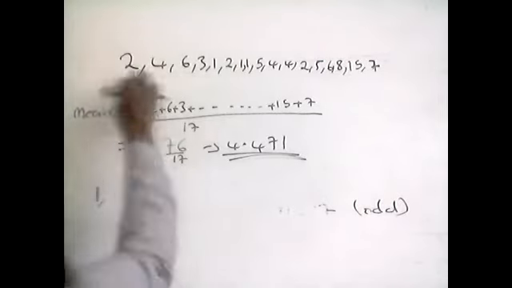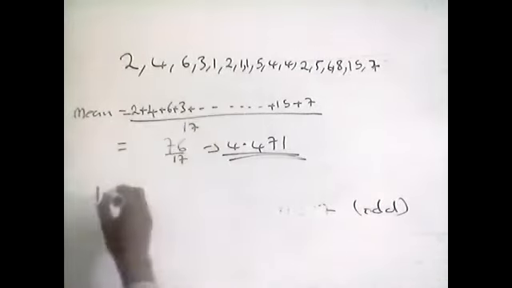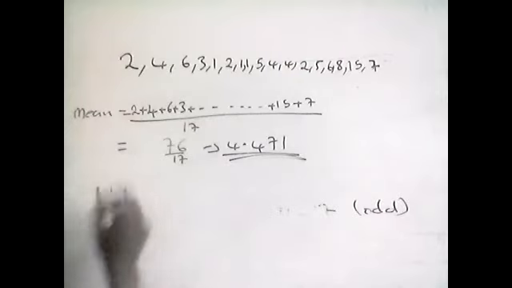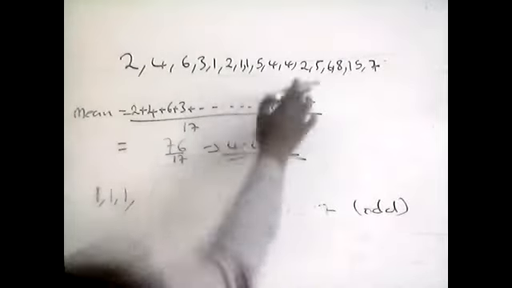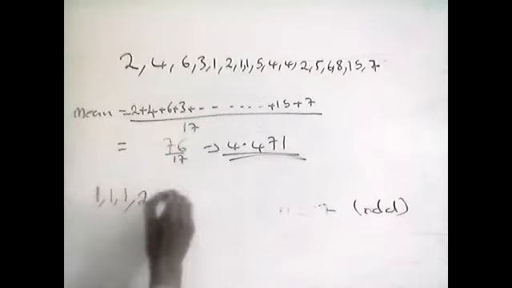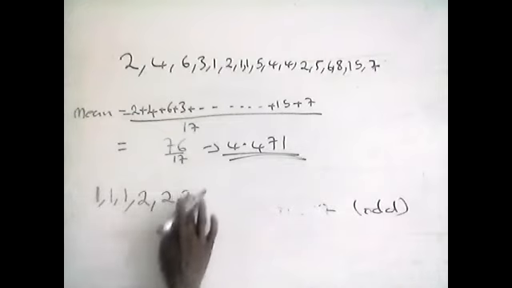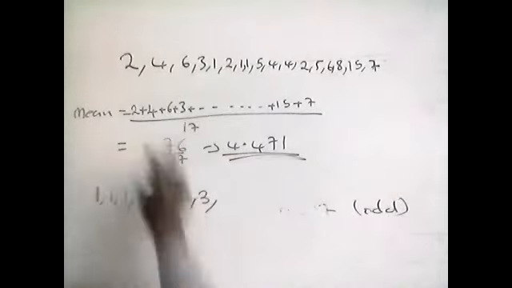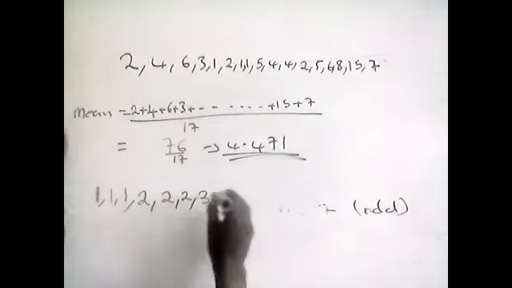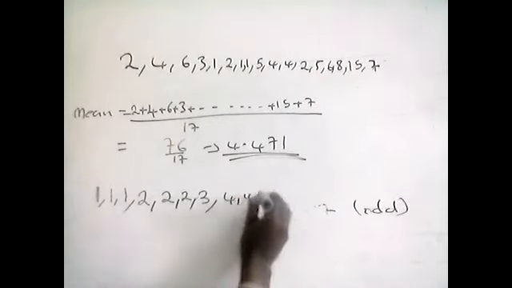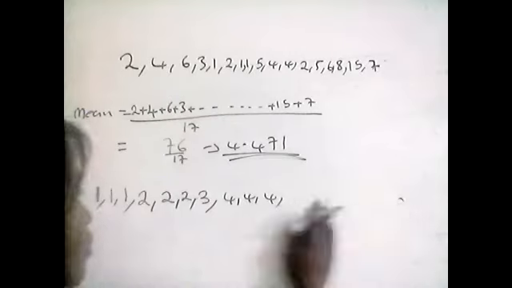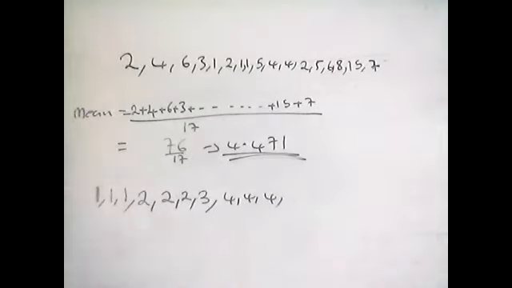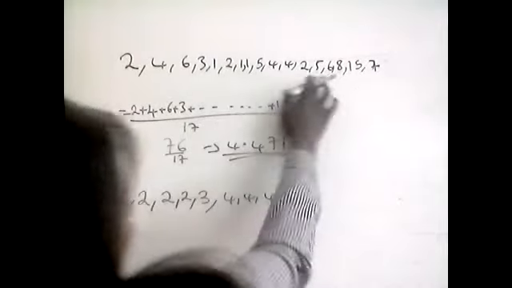We have 1, 1, 1, 1, so four. Then 2, we have three. What about 3? Just one. What about 4? 1, 2, 4, we have three. And then 5, we have two.